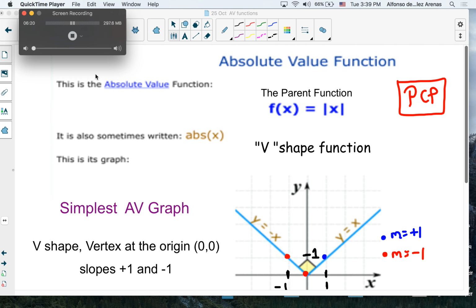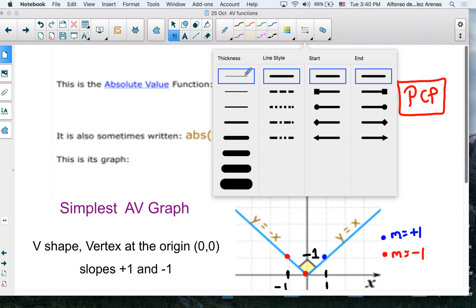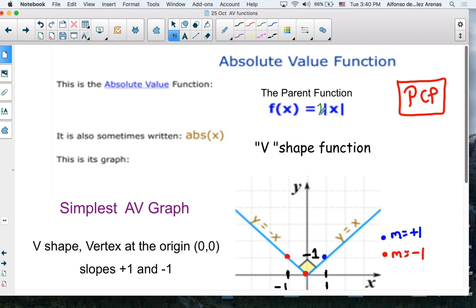Okay, so the main equation of an absolute value function is like this. F of x, which is a y, equals absolute value of x. This represents a V shape that hits the origin, 0, 0. Okay, we will always identify a number in front, like 1, and this is the slope, and that would be positive 1 over positive 1 or positive 1 over negative 1.